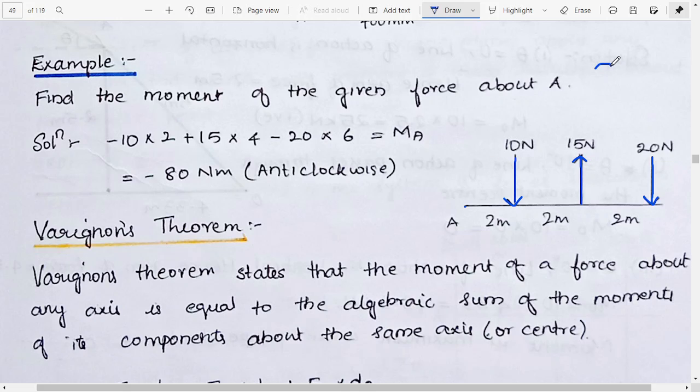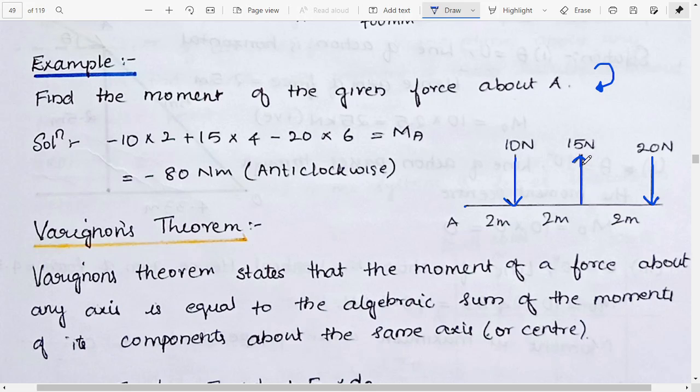Clockwise is nothing but in this manner, the way a clock runs. The clock hand will always move in a clockwise direction. So they are saying here that if the force and the perpendicular distance move in a clockwise direction, the moment will always be negative.